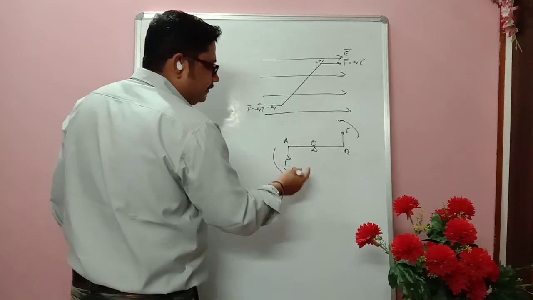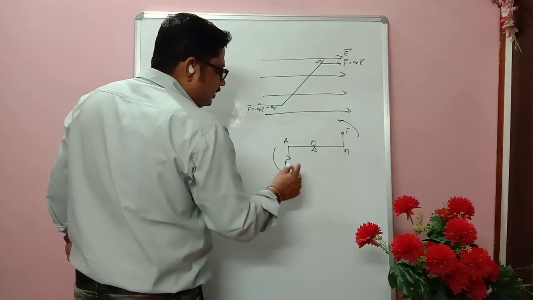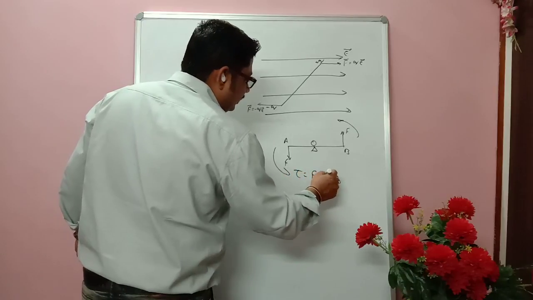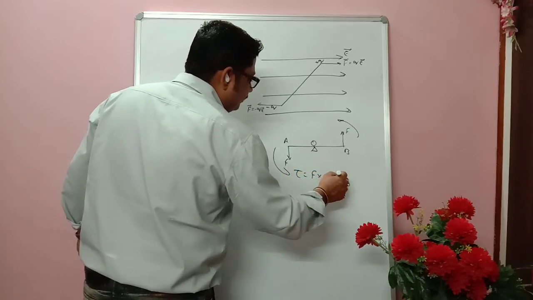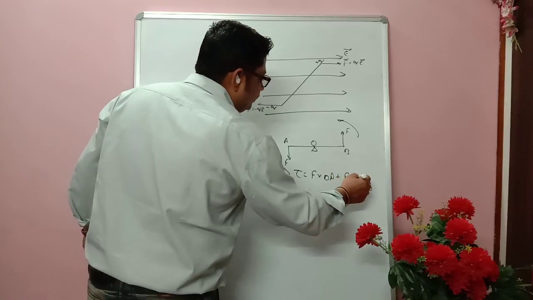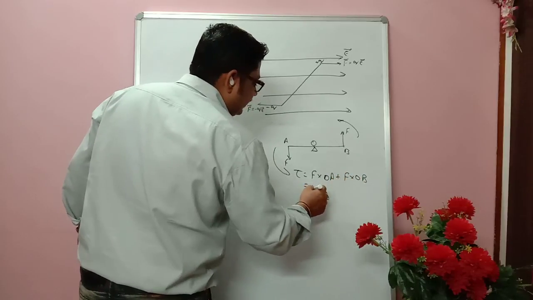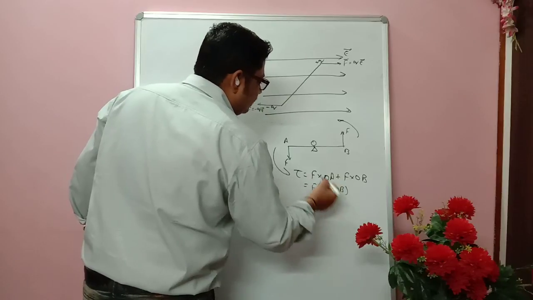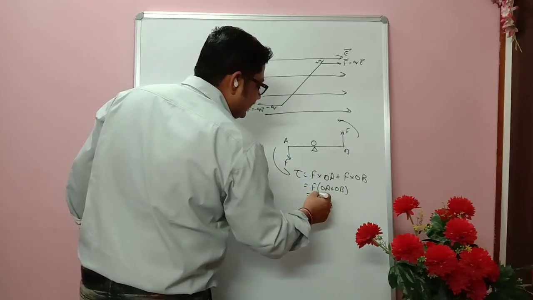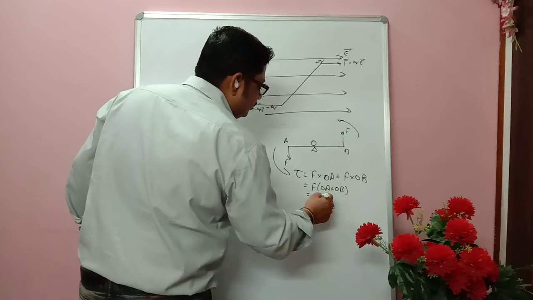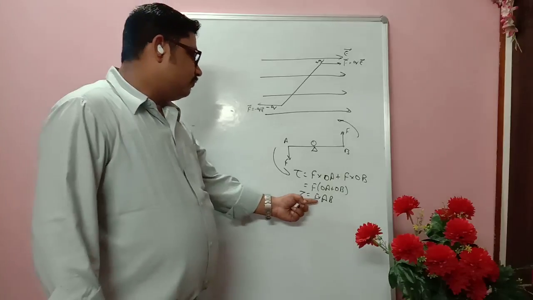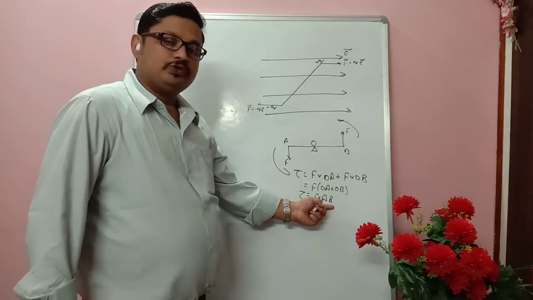So the moment due to the couple, tau, is equal to F into OA plus F into OB. Taking F common, it is OA plus OB, which is AB. So it is F into AB. This is the torque due to the couple, the force into the distance between the forces.